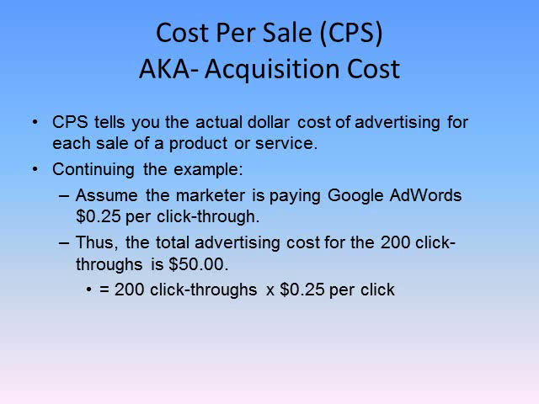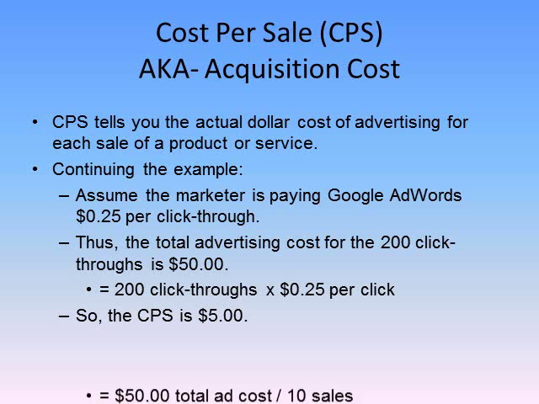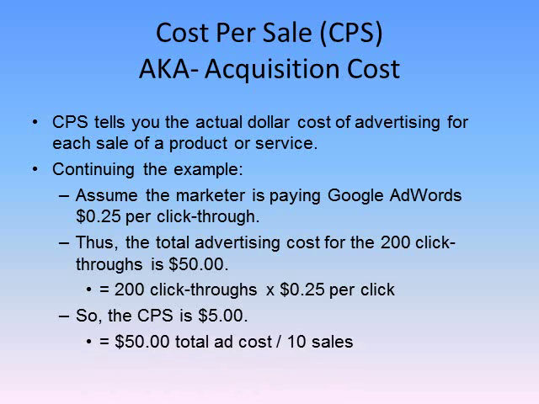So, the cost per sale is, that's just the arithmetic for the above one. So the cost per sale is $5. That's the $50 total ad cost divided by 10 sales, right? The $50 ad cost divided by 10 sales.